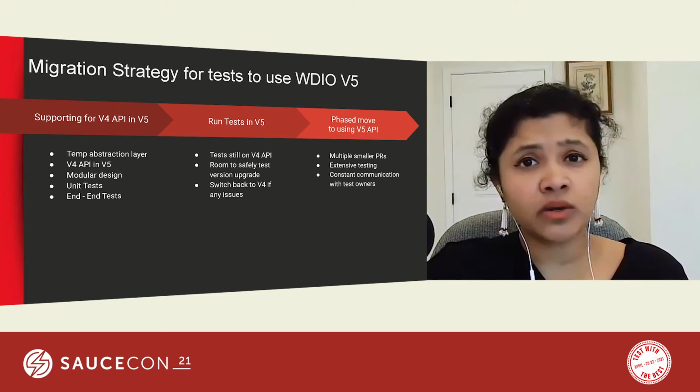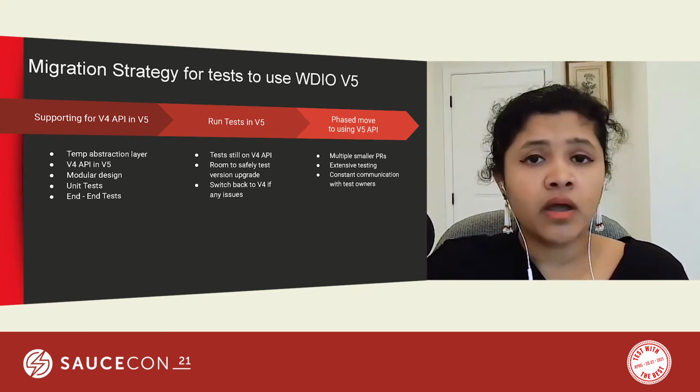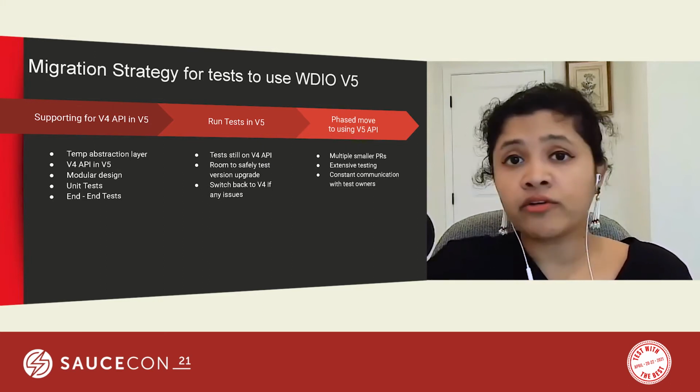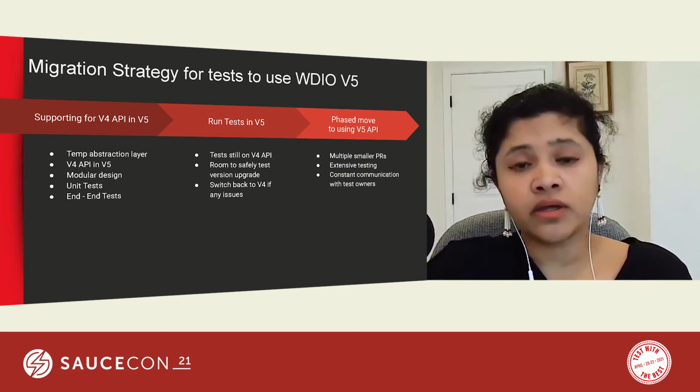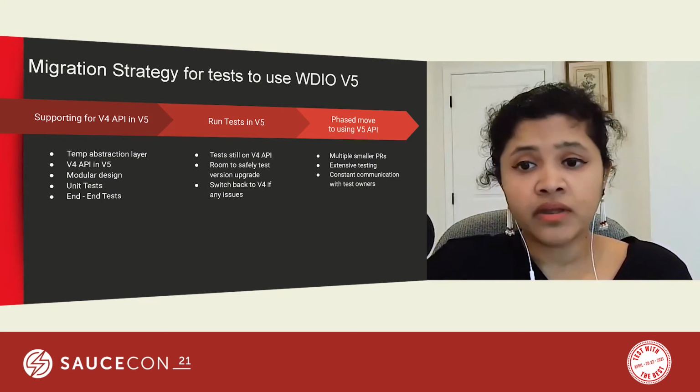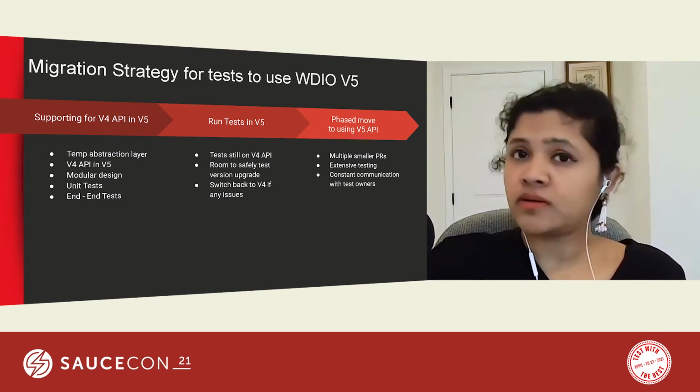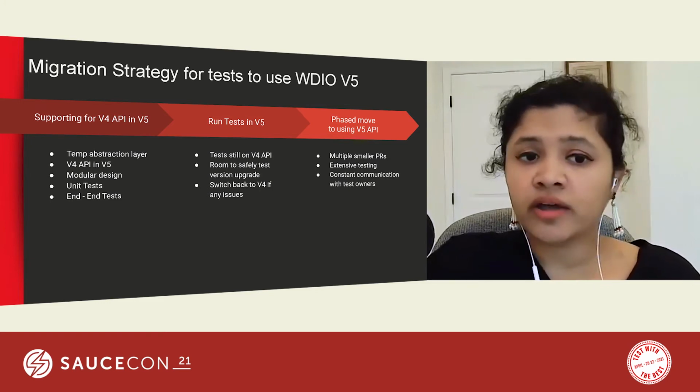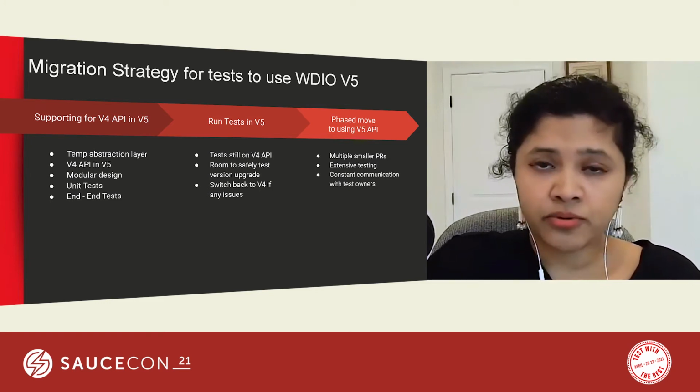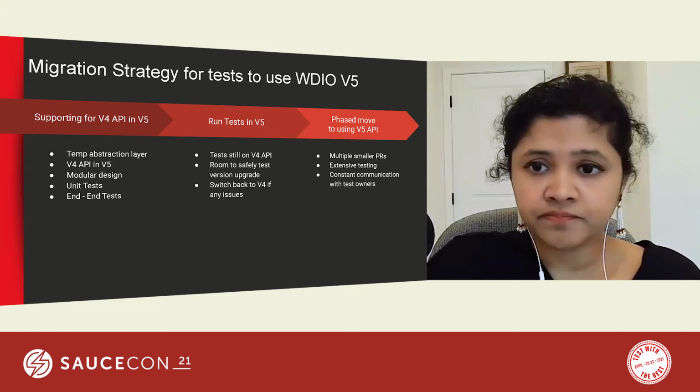They didn't want middleware between them and WebdriverIO. They wanted to interact with the APIs directly and manage the abstraction themselves. So that's the reason why we decided to make this a temporary thing.